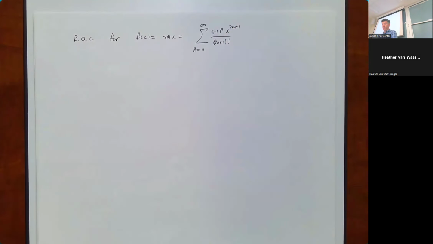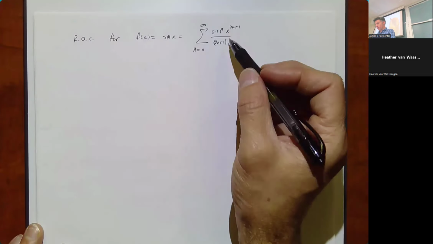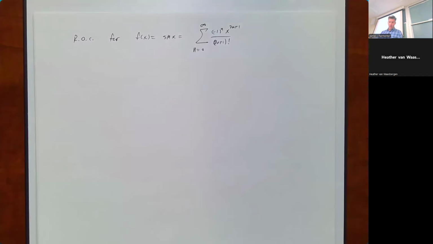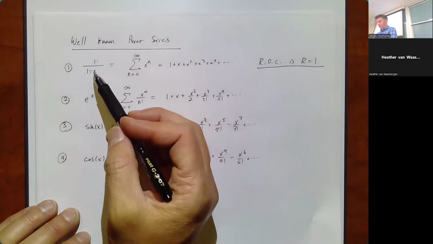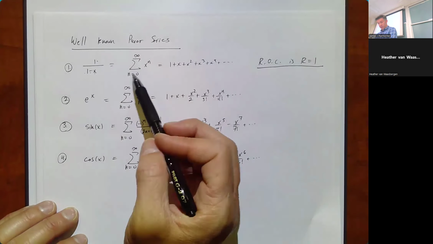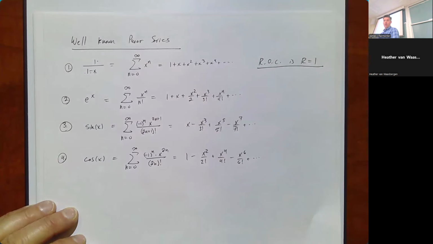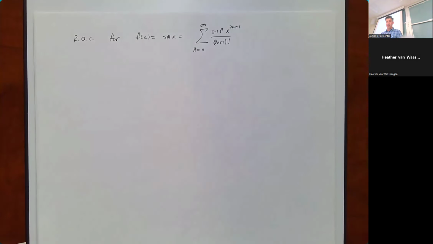Something I have noticed over the years is that when you have an expression like this and you still end up having the factorial in the denominator, so I will point out we don't have that factorial in the denominator for this geometric series or for this power series here, but these three all do, the radius of convergence typically ends up being infinity, and let me show you why.